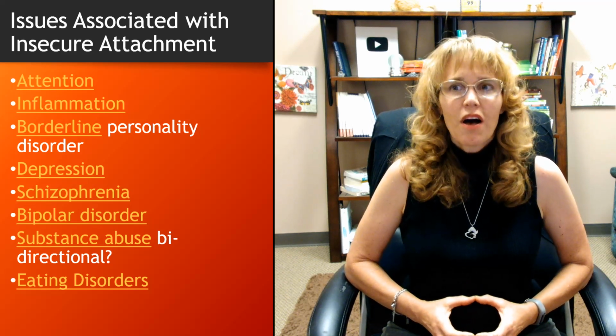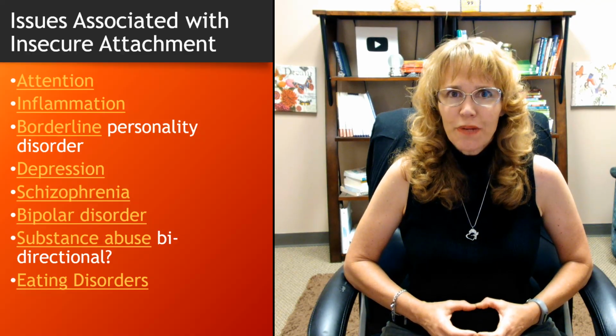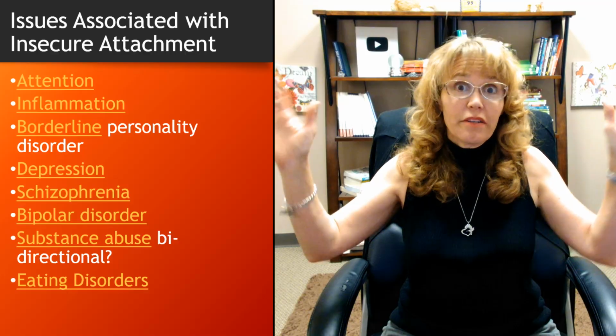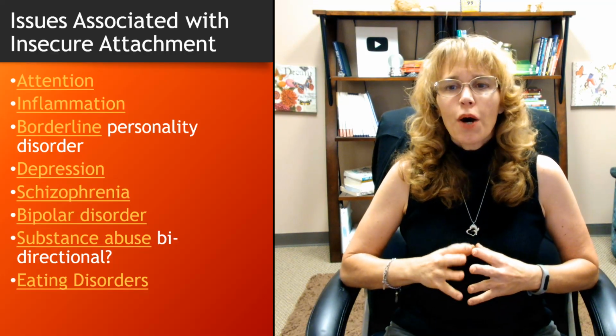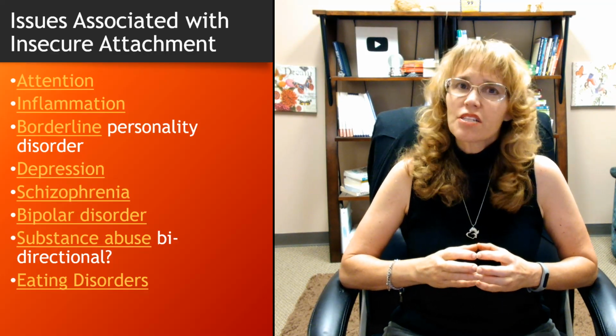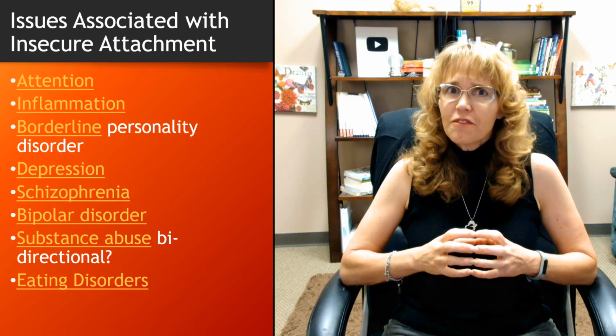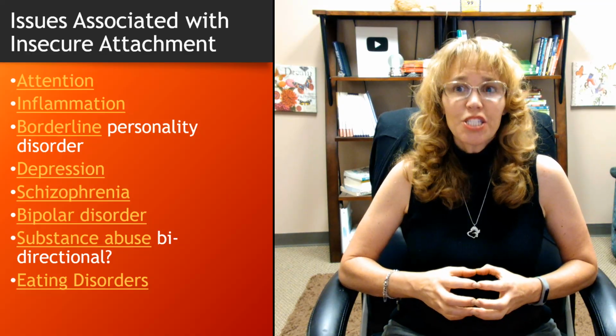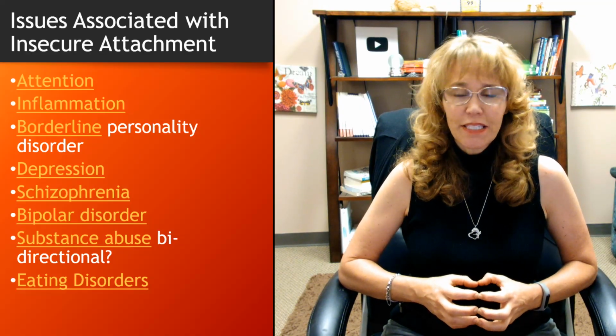Inflammation is also common in people with insecure attachment. Chronic stress leads to systemic inflammation. Enough said. Borderline personality disorder is also very common. And of the personality disorders, it is the most frequently associated with insecure attachment.